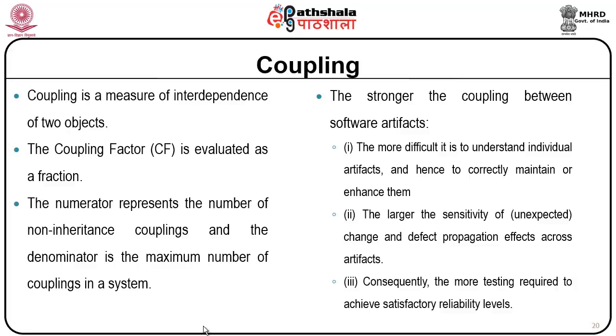The stronger the coupling between software artifacts, the more difficult it is to understand individual artifacts and hence to correctly maintain or enhance them. The larger the sensitivity of unexpected change and defect propagation effect across objects. Consequently, the more testing required to achieve satisfactory reliability levels.